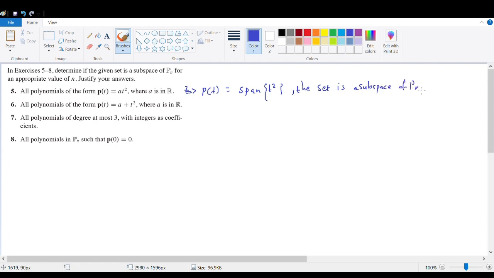Of Pn. For 6, all polynomials of the form p(t) equal to a plus t squared, where a is in R. This one is not a subspace since the zero vector is not in the set. Because here we don't have the zero vector, it is not in the set, so it is not a subspace.